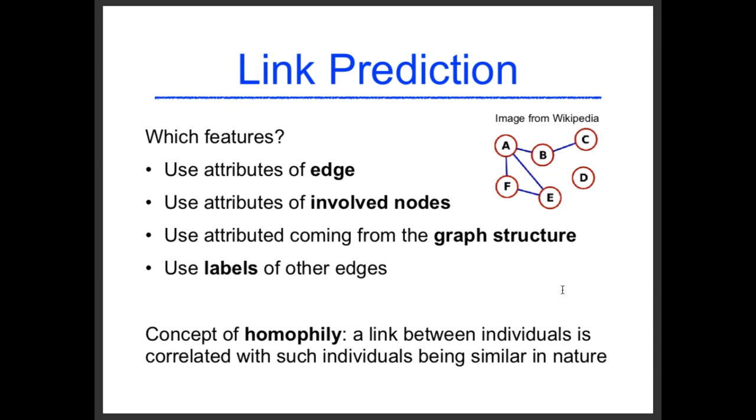So again, as for nodes, okay, even for links, you could predict the category of a link, or the presence of a link, according to some attributes of the nodes that are involved in a link. Okay, you can use attributes coming again from the whole structure of the graph.